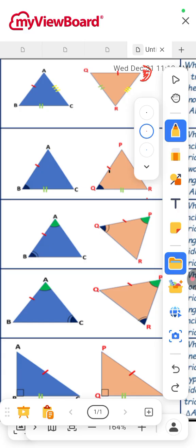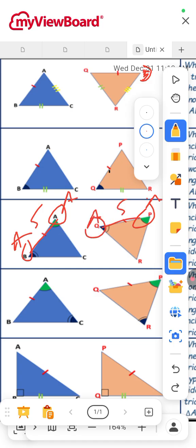That is, AB is equal to PQ. So with this, I can see the condition of ASA. A, then S. And the same thing here, A, then S. So that is the ASA condition.